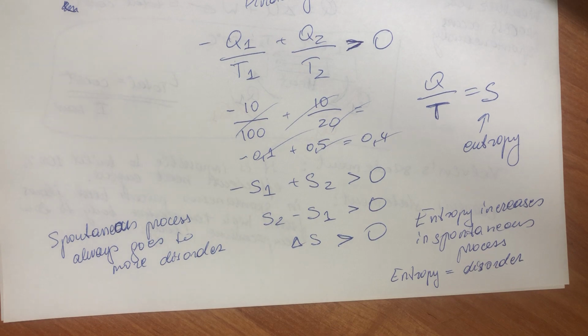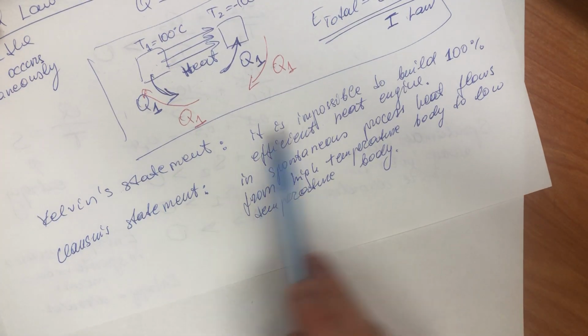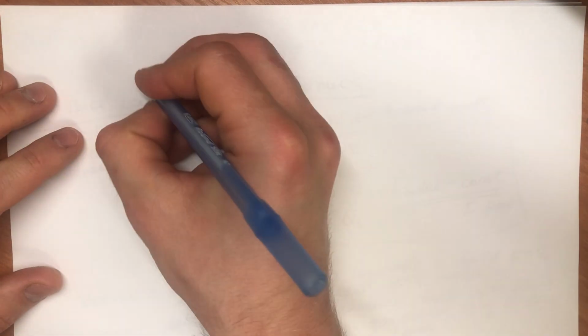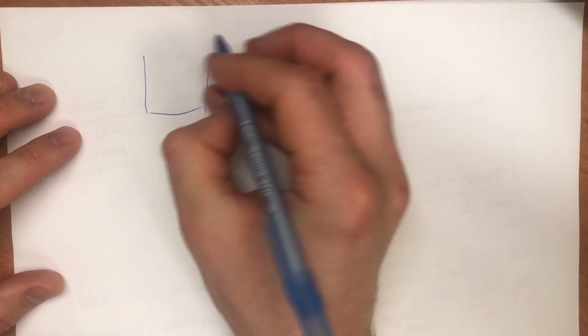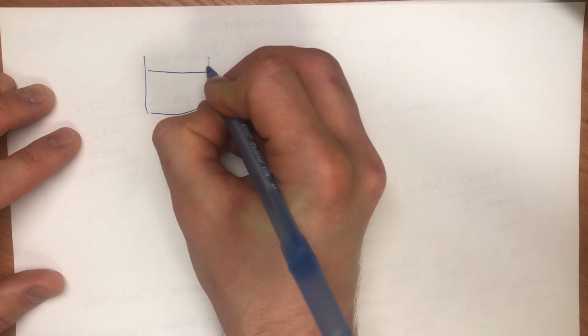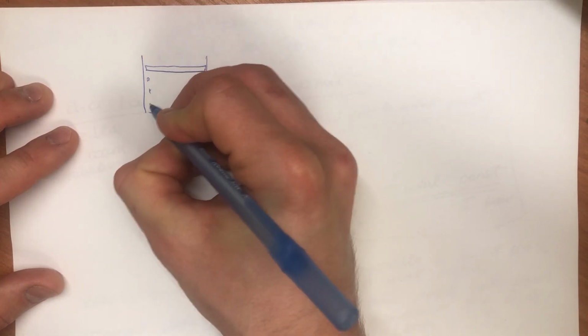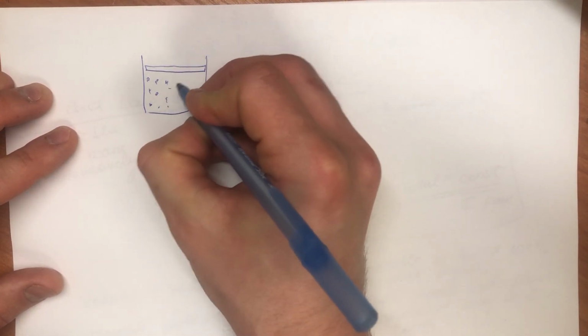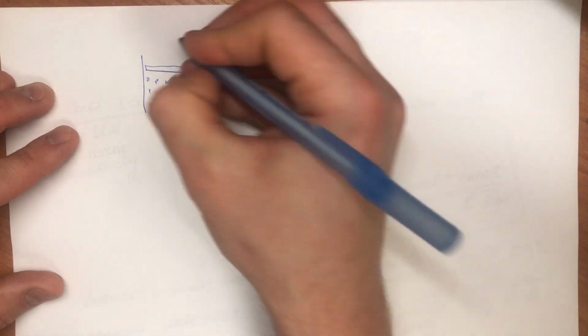So why can't we, by the Clausius-Kelvin statement, construct an engine that would be 100% effective? You see, when you have a piston and you have gas here, the piston is pushed.